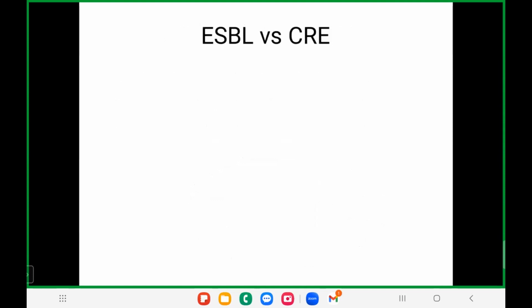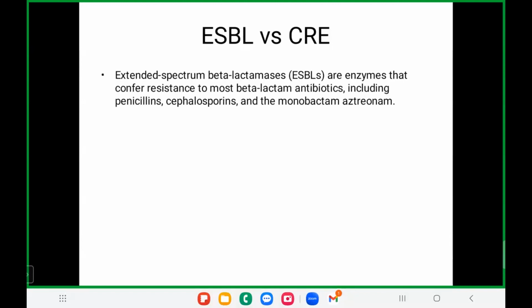The next important thing is when you're treating gram-negative bacteria, the most important thing you need to deal with is what type of resistance you encountered, whether it is an ESBL producing organism. ESBL is extended spectrum beta lactamase production, and the next thing is CRE, carbapenem resistant Enterobacteriaceae. These are the two spectrums you need to see.